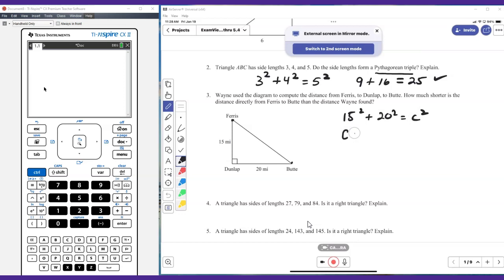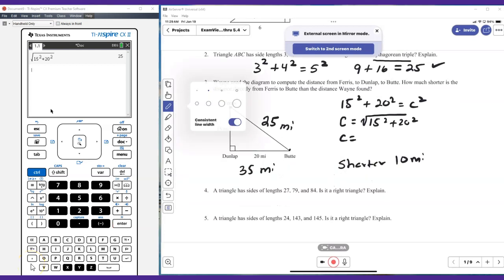To use my calculator, I would just have to find the square root of 15 squared plus 20 squared. And the distance here is 25. So going from Ferris to Butte, that's 25 miles. Going from Ferris to Dunlap to Butte, that's 35 miles. So how much shorter is it? It's shorter by 10 miles.